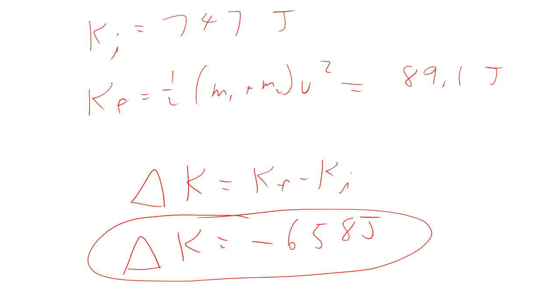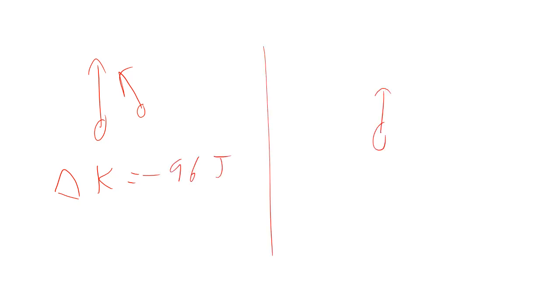Notice that when we had a runner being chased down, the change in kinetic energy was minus 96 joules. But on the kickoff return, where the only thing you did was change the direction of the defender, delta K is now minus 658 joules. That's a huge difference right there.